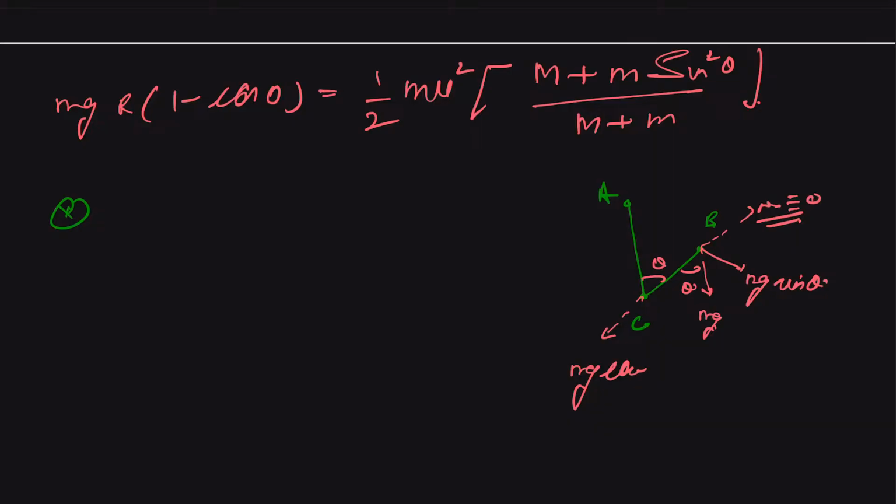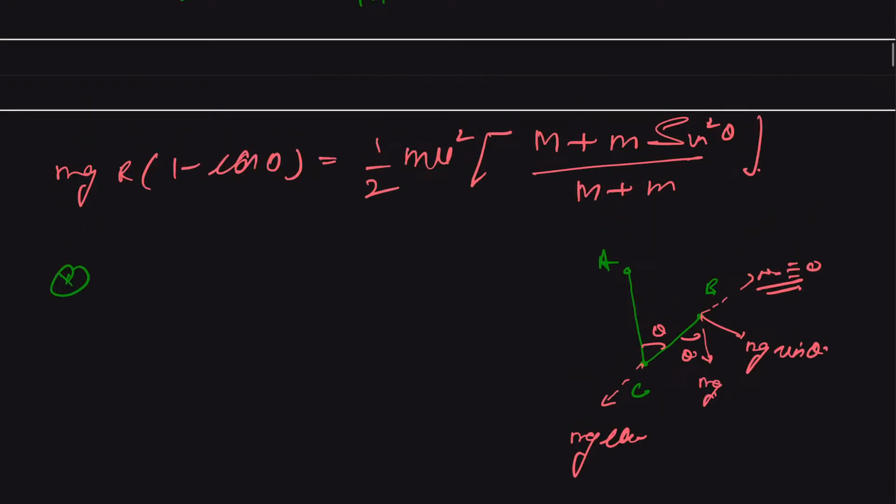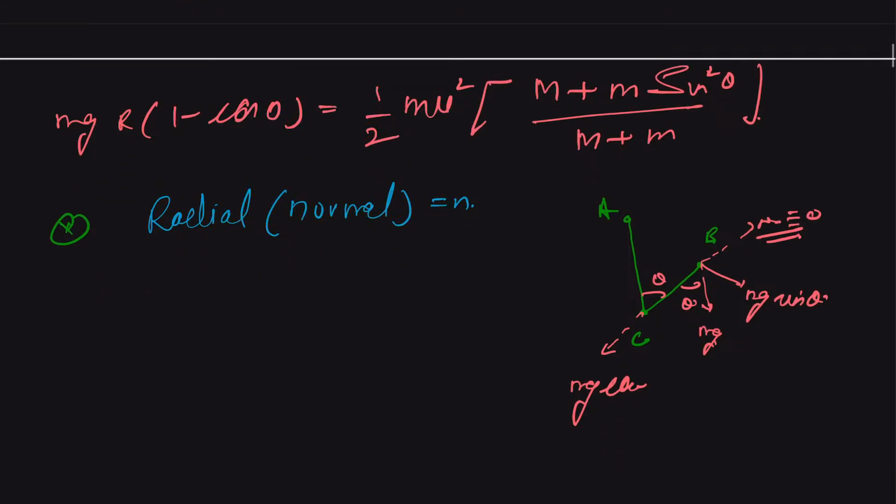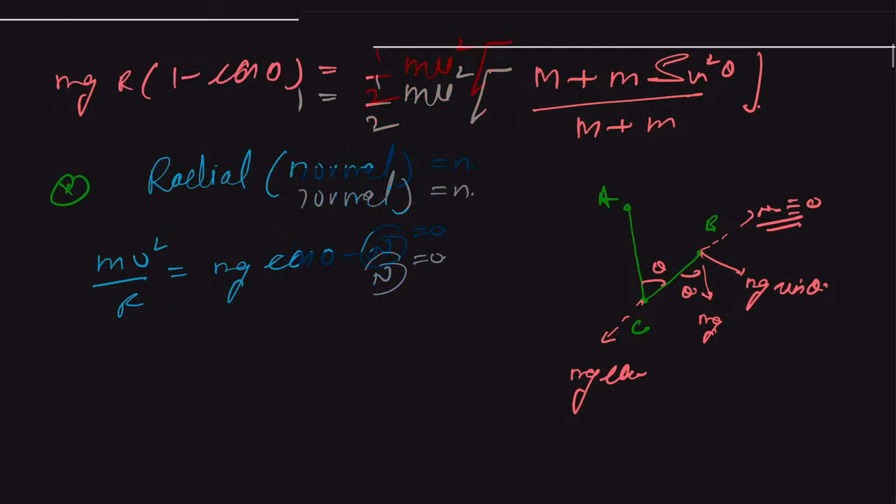And we can write the radial equation, or we can say the normal equation, and because of this centripetal force, we can write mv square upon r will be equal to mg cos of theta minus N. It is going to lose contact when the value of normal is equal to 0.